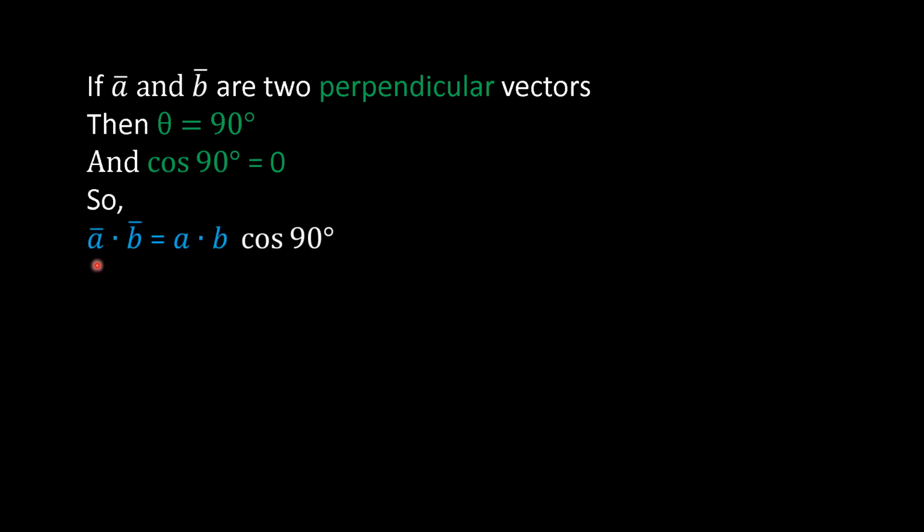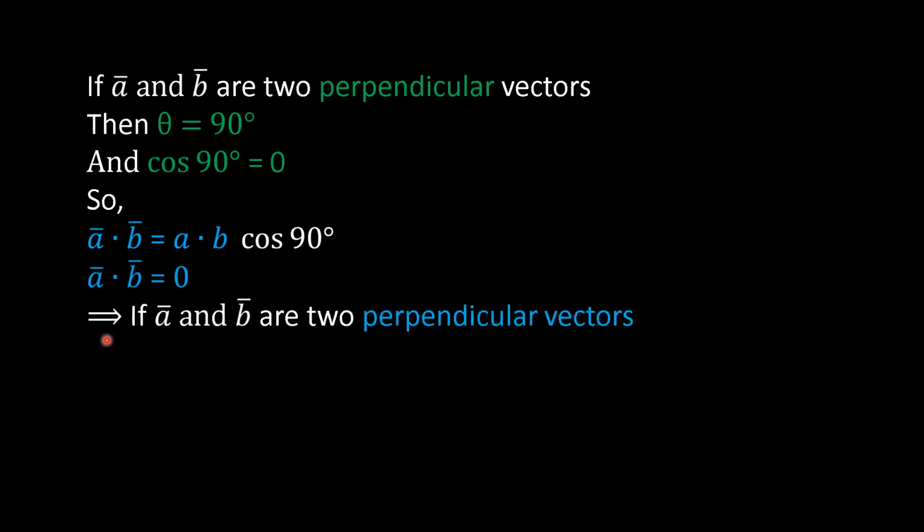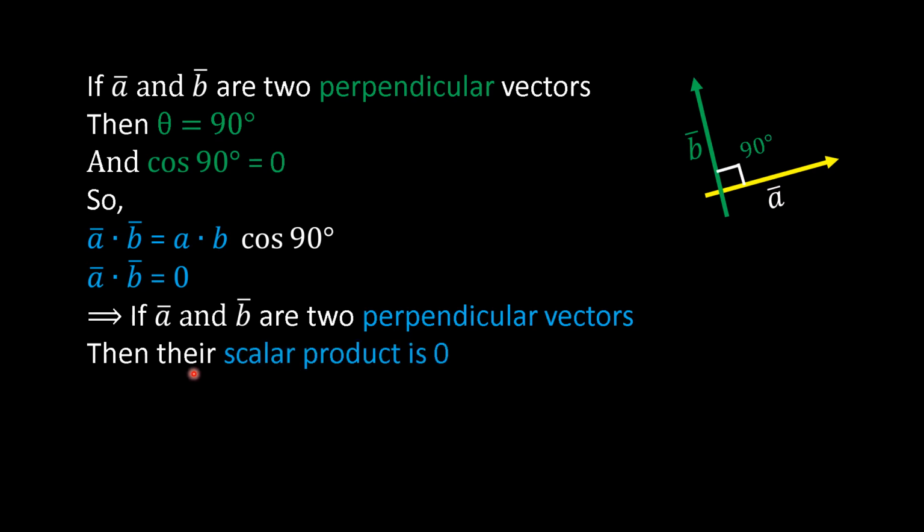So a bar dot b bar will be ab cos 90, which will be 0, which implies if a bar and b bar are two perpendicular vectors like this, then their scalar product is 0. And conversely, when the scalar product of two vectors is 0, then they are perpendicular vectors.